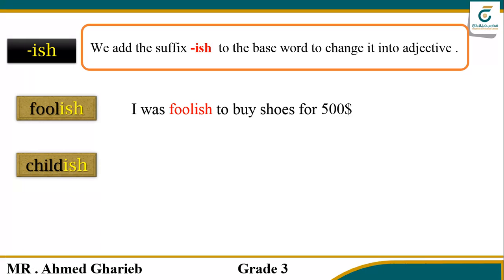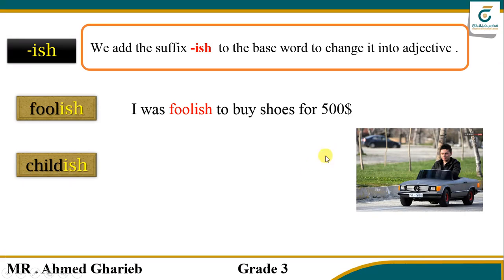You are an adult and you are behaving like a child. For example, look at this illustration. This man is an adult, is fully grown up, but his behaviors are still childish. For example, riding a baby's car is childish. Yeah, behaving like a child.